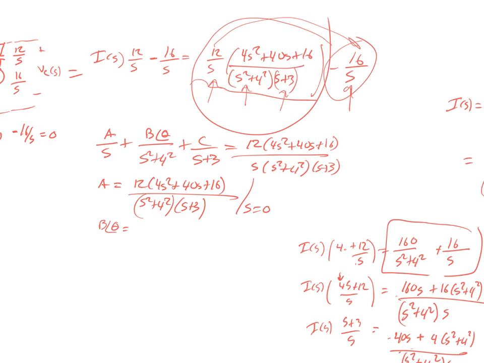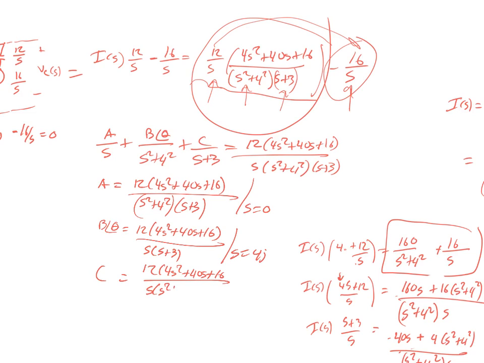B at an angle of theta is equal to 12 times 4S squared plus 40S plus 16 over S times S plus 3, evaluated at S equals 4j, and C is going to be equal to 12 times 4S squared plus 40S plus 16 over S times S squared plus 4 squared, evaluated at S equals minus 3.